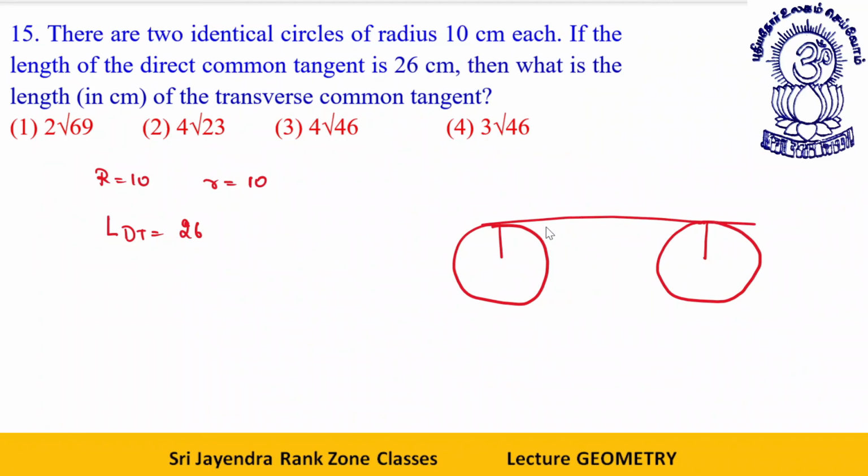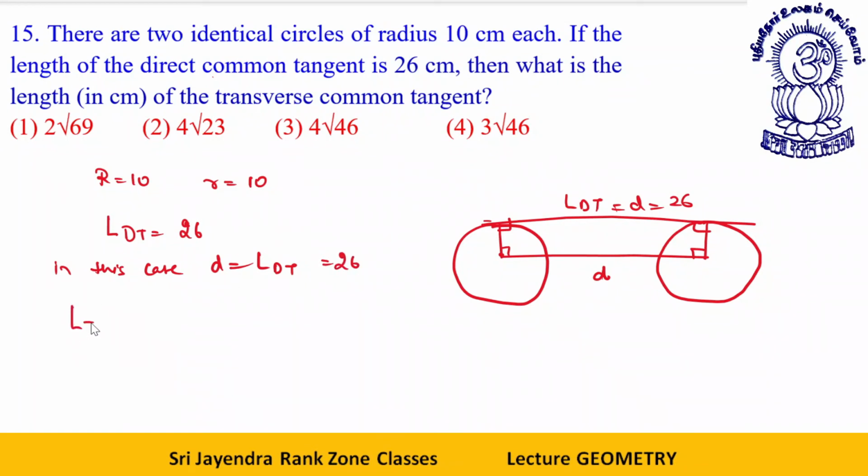Then in such a case we have LDT is equal to 26, so I can say this is equal to D. In this case, D is equal to LDT. Why? This is D, this is LDT. Both the circles are equal, so this becomes a rectangle. Getting it, dear students? So D is equal to LDT. This comes out to be 26. Now you have D is equal to 26.